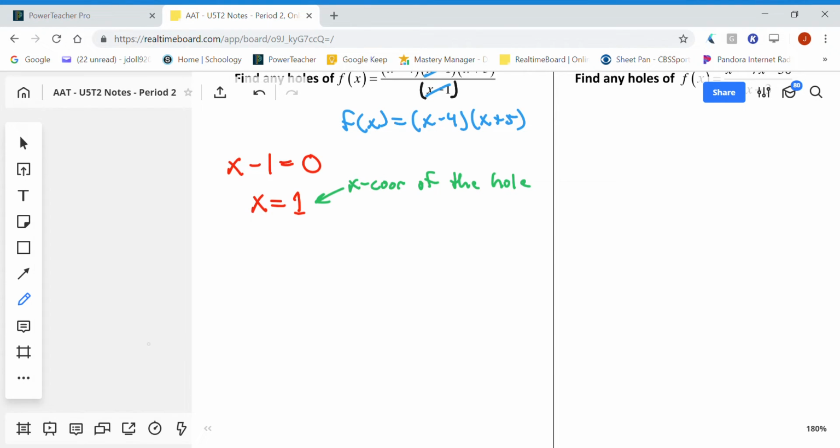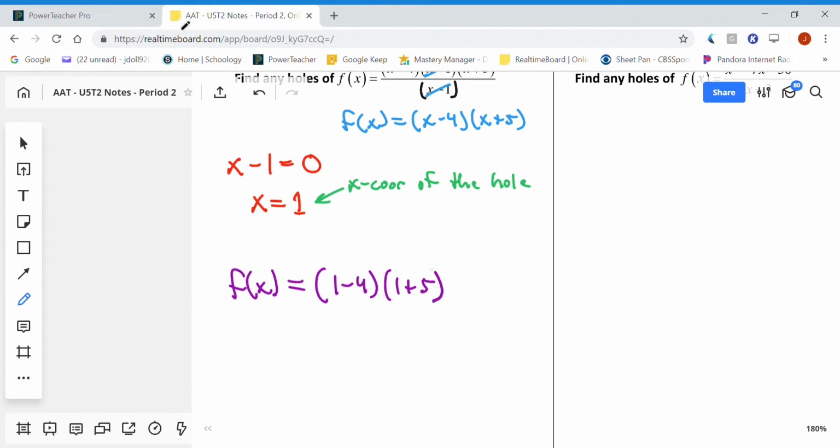Well, just like we've done so many times, if I know one variable of a 2-variable equation, I can substitute for that one variable to find the other variable. So now I will take the remaining function here, f of x, which we know is y, and I'm going to replace x with 1 wherever there was an x.